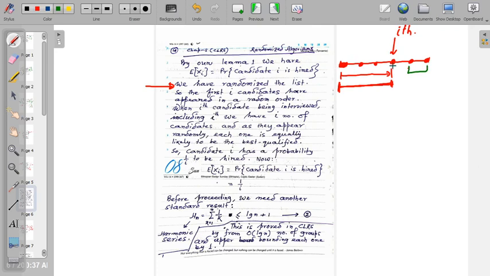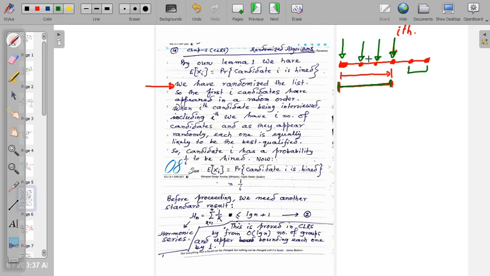But I have seen, including this one, I number of candidates. This guy is already interviewed, this guy is already interviewed, and this guy is going to be interviewed. Including this guy, how many have I seen already? I number of guys.